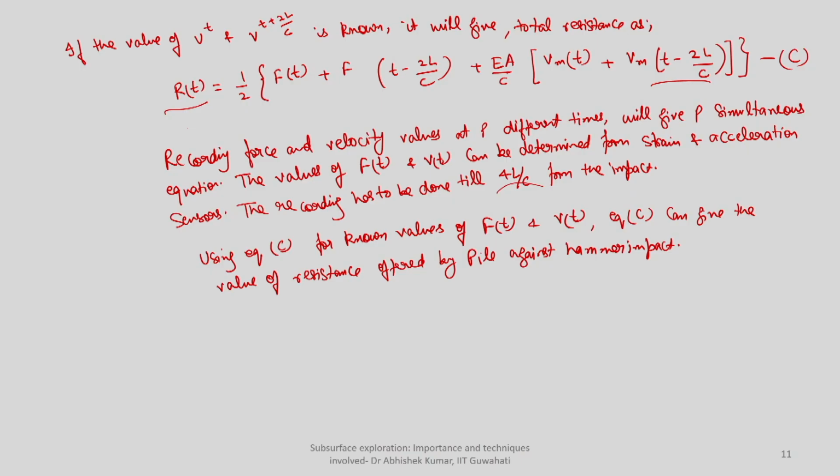That is how you can get an idea about the total resistance, because that was the objective. You can get an idea how much resistance is offered by the pile, which may or may not be equal to the resistance considering the c phi value of the soil obtained from the bore log.